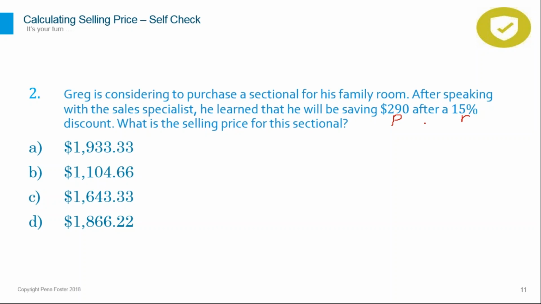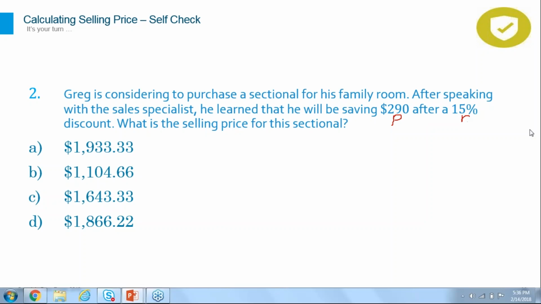Or I can do it another way and imagine that the R I need to use is not 15% but 85%. Whatever way you want, as long as you get the right answer. So I got you started with this, and I'm going to leave you to think about the question. Here you go.